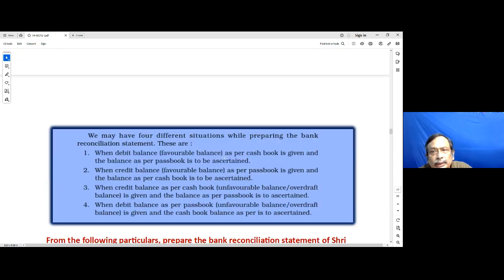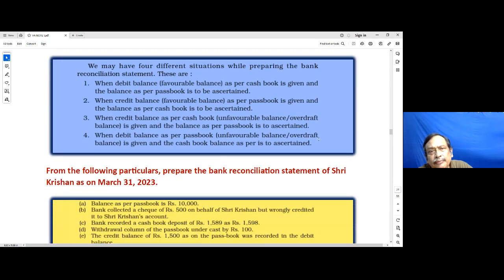Now, we may have 4 different situations while preparing the bank reconciliation statement. What are those? Number 1, when debit balance, favorable balance as per cash book is given and the balance as per passbook is to be ascertained.